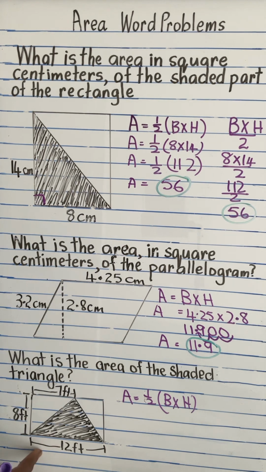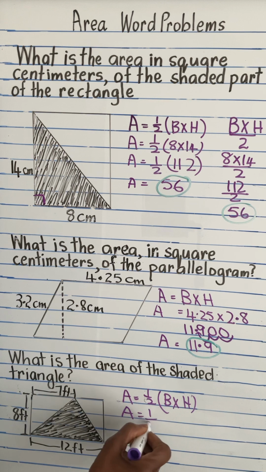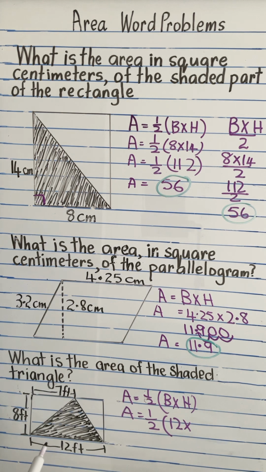The base of the triangle, A equals half, and the base is 12, and the height, a straight line from the base to the top. And here we have a straight line from the base to the top. So the height of the triangle is 8 feet.